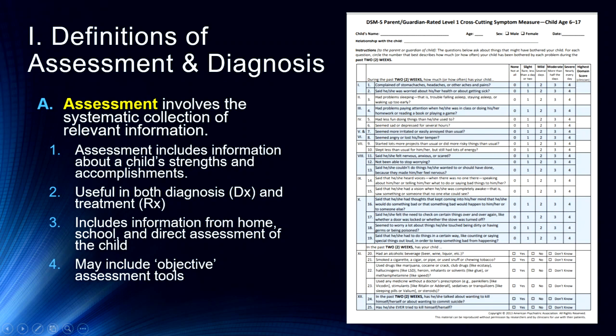But this is a DSM-V parent-guardian rated level 1 cross-cutting symptom measure for children aged 6 to 17. And they're things like, complained of stomach aches, headaches, or other aches and pains, slept less than usual for him and her, but still had lots of energy, started a lot more projects than usual or did more risky things than usual. And then the parent's going to assess this.